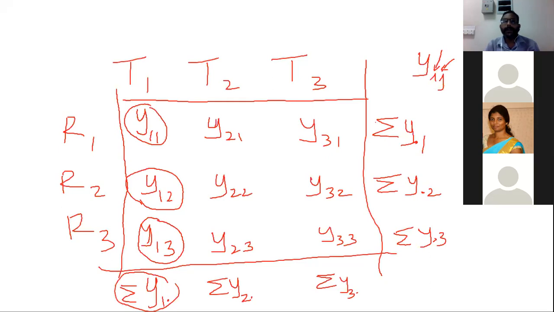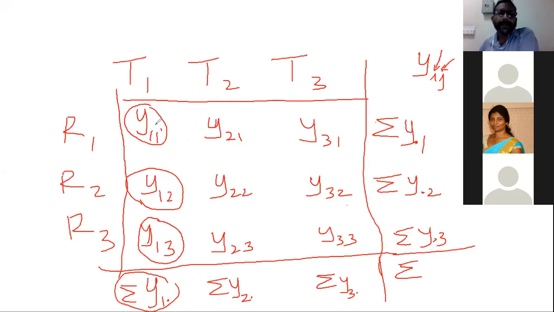this one. Right here, can somebody tell me if I add all these, y11 plus y12, y13, y21, 22, 23, 31, 32, 33, I add all elements. So how can I write y? Anyone? How many elements are there? These are elements. You did matrix, right?